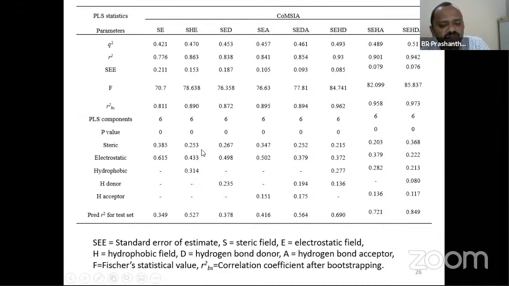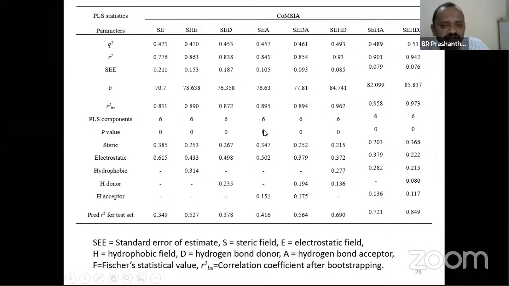Okay, so when these 3 fields are there, these are the contributions of the individual fields, steric, electrostatic, and in this case hydrogen bond donor, to the model. Based on this only you are getting these correlation coefficients.